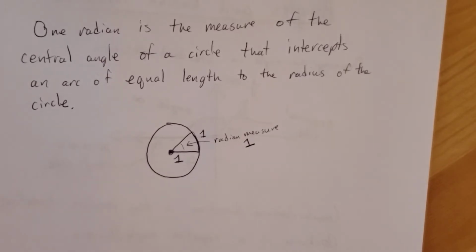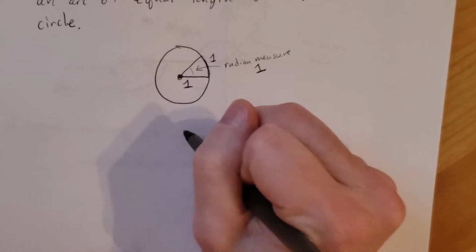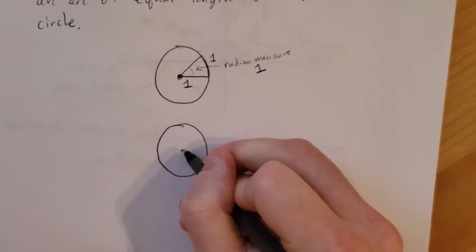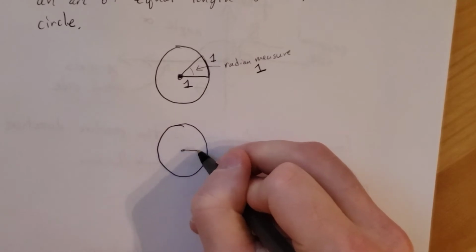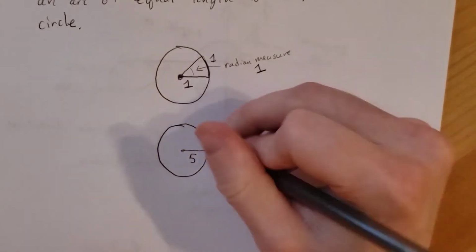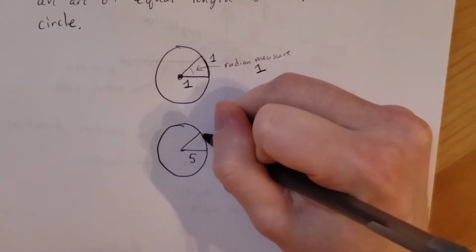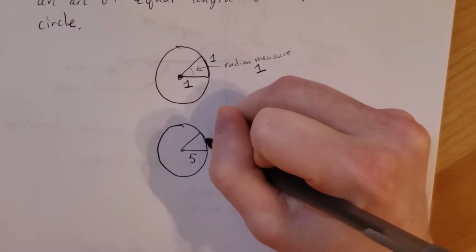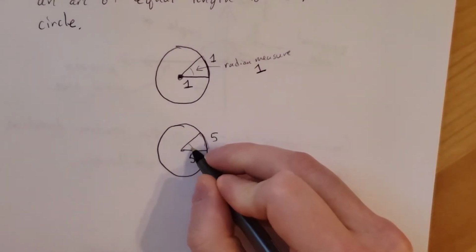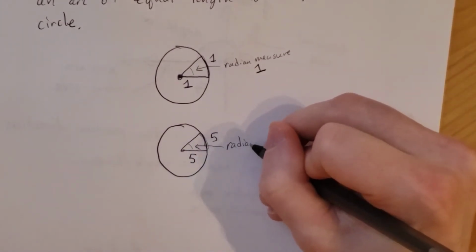Just to clarify, to make sure we understand what's going on, suppose we have a circle and this radius is 5, then we rotate the terminal side until this length is 5 as well. What is the radian measure here? That is a radian measure of 1.